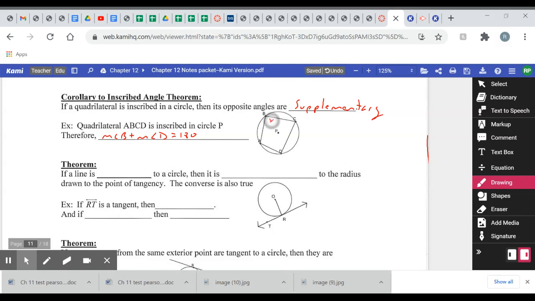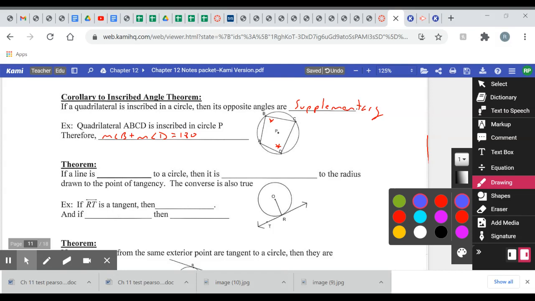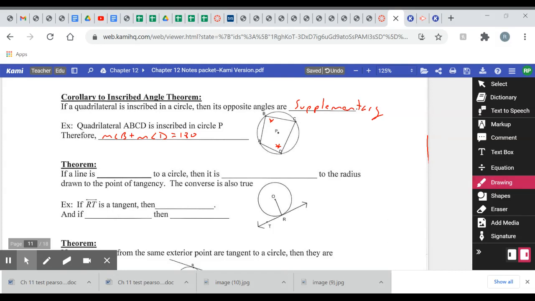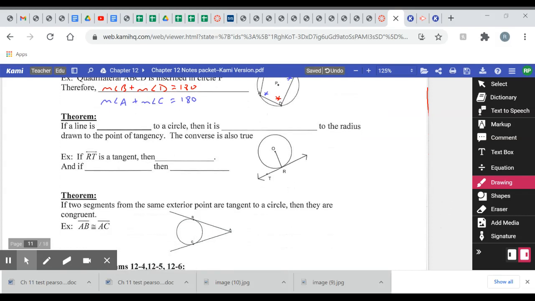So those two angles must add up to 180 if that quadrilateral is inscribed in a circle. If you know one, you can subtract from 180 to get the other one. We also know that the measure of angle A plus the measure of angle C is also equal to 180. So here and here.